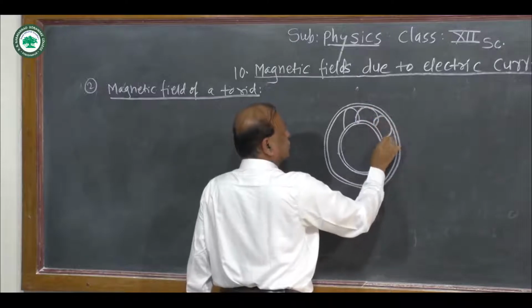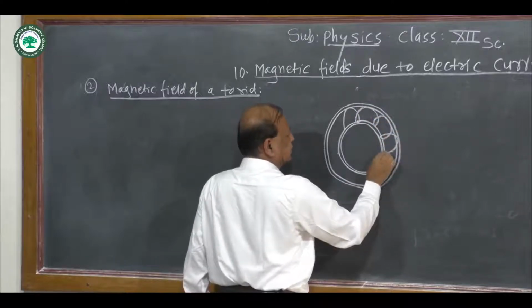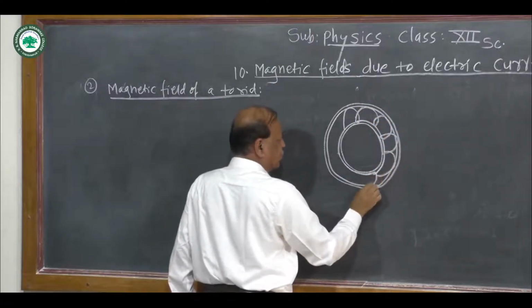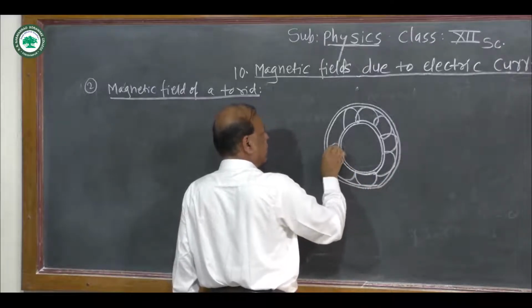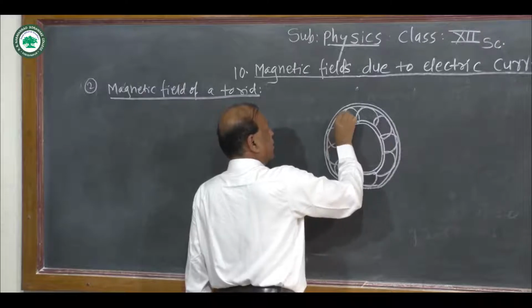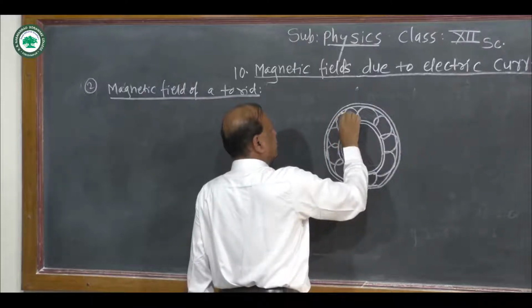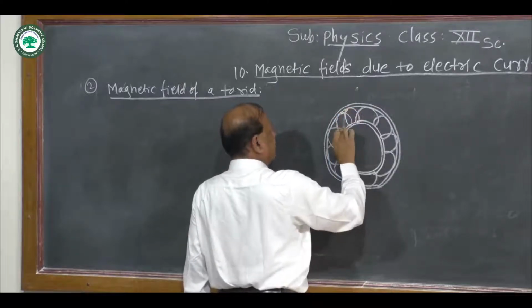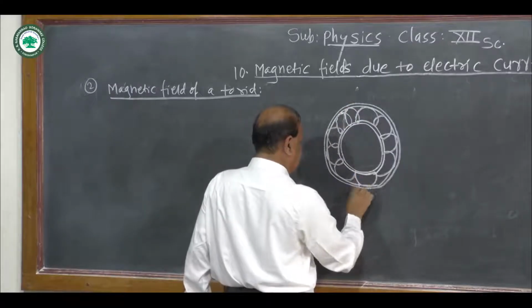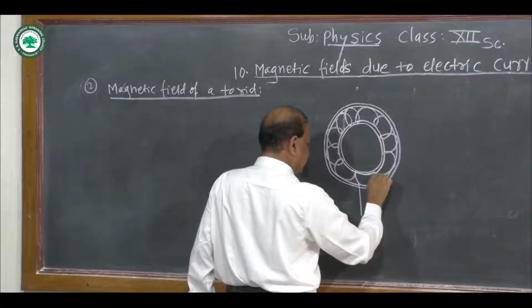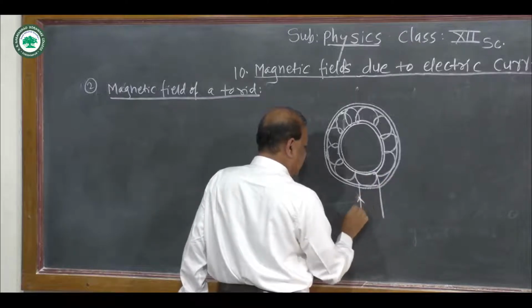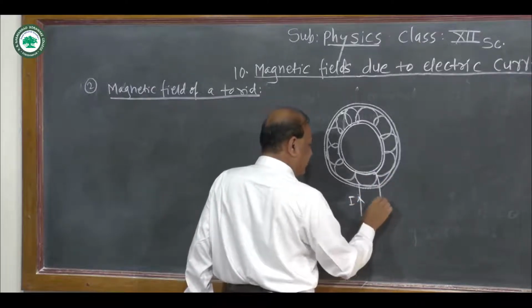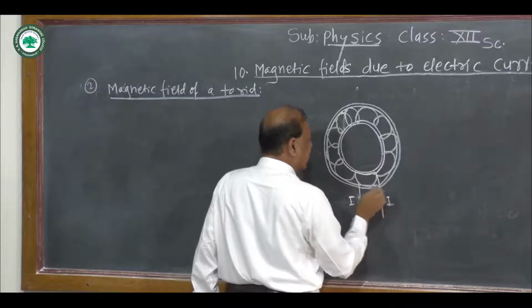Now this is the circulating coil wound on this one, and here the current I will be entering and the current I will be leaving.